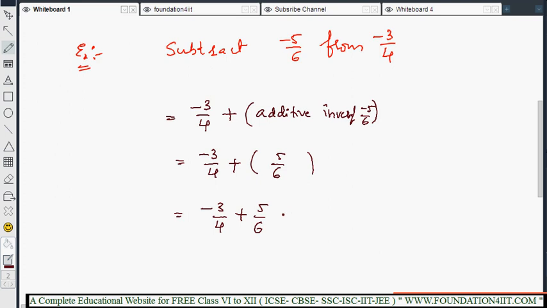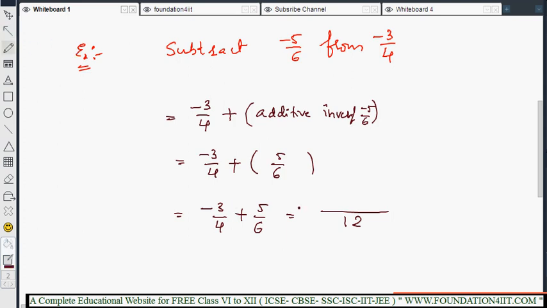So the LCM of 4 and 6 is 12, because you know how to find the LCM. We must make the denominators equal to the LCM. In the 4 table, 4 into 3 is 12, so the same 3 we should multiply with the numerator also.